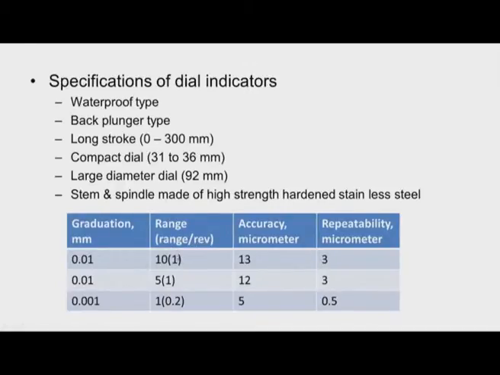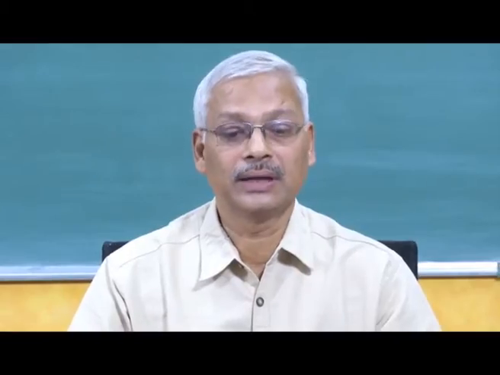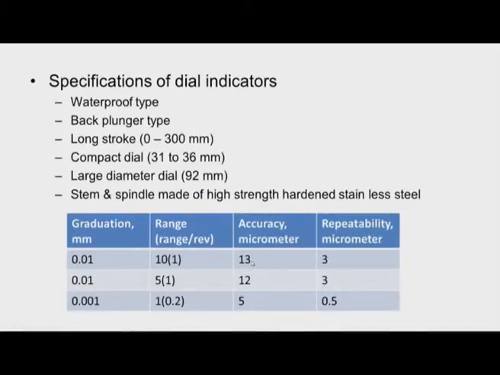So, per revolution the range is 1 millimeter, and then the accuracy of these dial indicators, the overall accuracy is about 13 microns for this particular range, and for 0.001 graduation, the overall accuracy will be 5 micrometer, and repeatability will be like 0.5 micrometer, 3 micrometer. So, depending upon our requirement, we have to select the appropriate dial indicator.